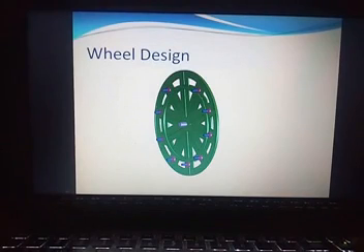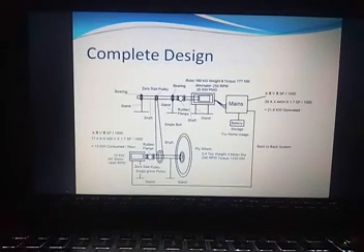The middle is the bearing, the shaft, and outside the flywheel, these are the guide bearings supporting the flywheel for very high RPMs. In this way, the complete design is, we have the flywheel connected to the motor.